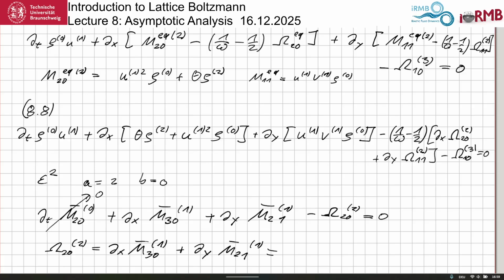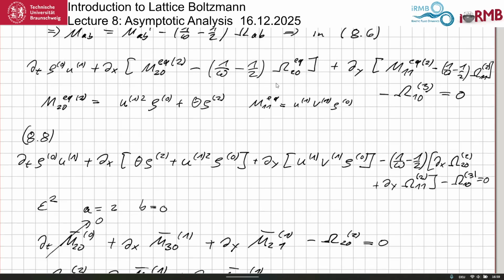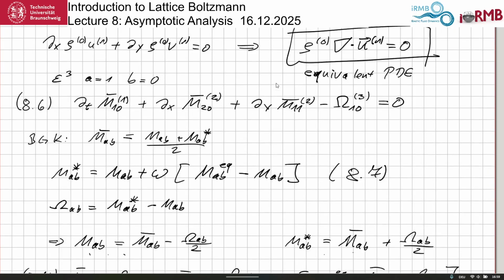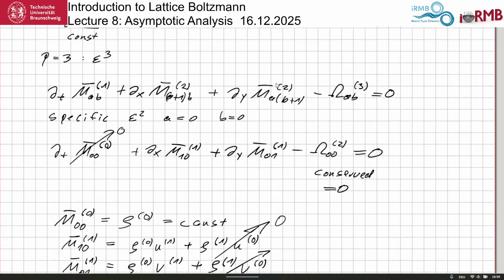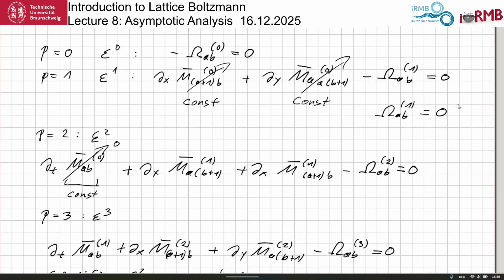So to first order, what did we say about omega to first order? If I take the liberty to go back, we derived that omega to first order is always 0.